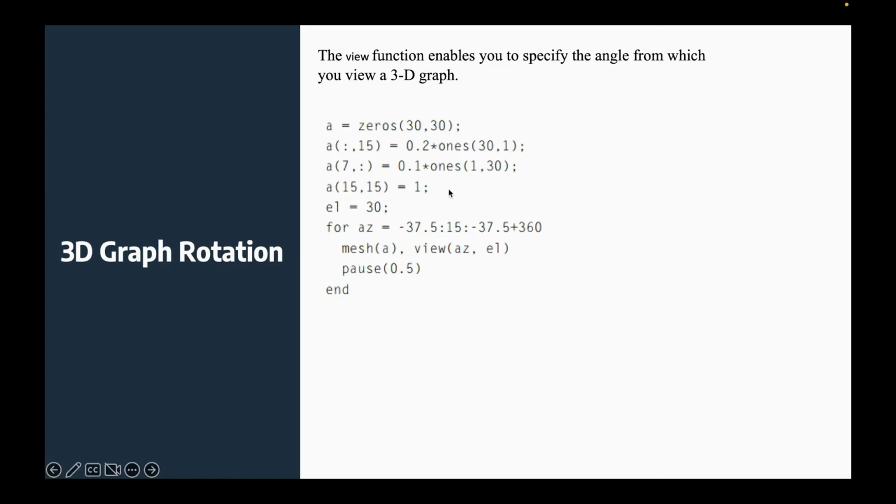So he defined how the angle is going, minus 37, increment 15, up to minus 37 plus 360. Mesh A means create the mesh for my matrix and make the view for azimuth and elevation. And we have a for loop, so it means it will show you continuously more than one view.